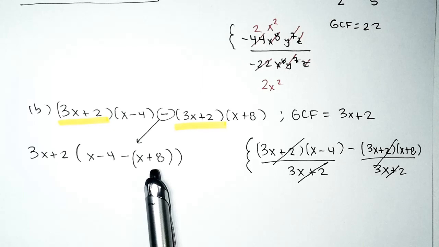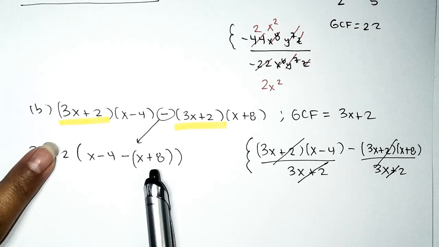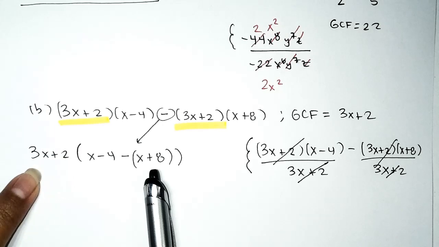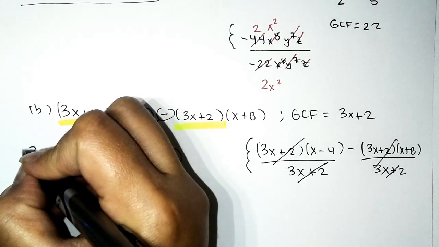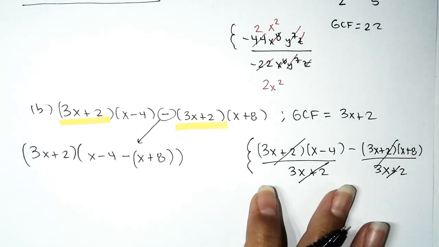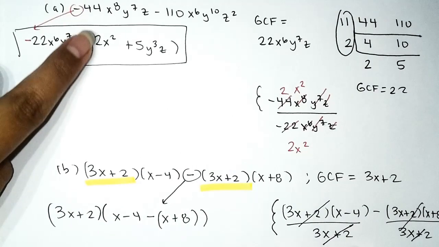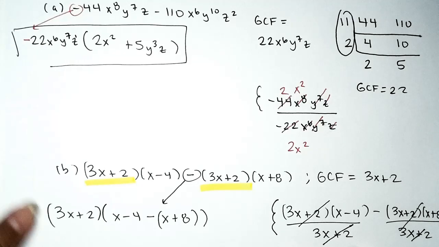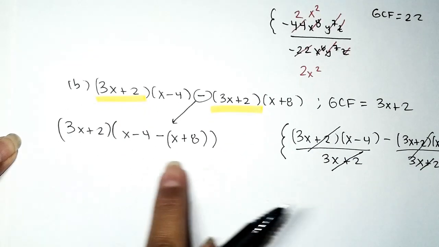The only thing that's being multiplied by our leftovers, the way I have it on paper, is just 2. Not the entire 3x plus 2. So we're going to have to wrap it up. Okay? How come we didn't wrap up the GCF before? Well, that's just because our GCF was just a single term, not more than one term. Okay, so be careful. Let's go ahead, clean up our leftovers.